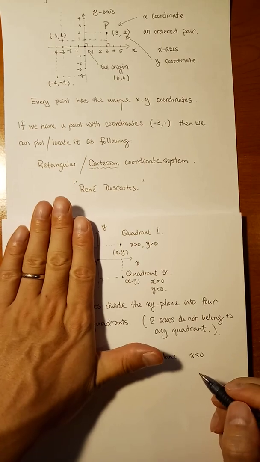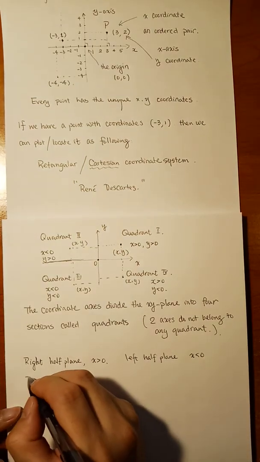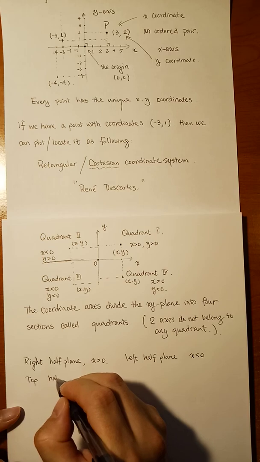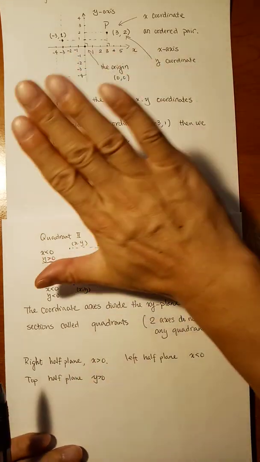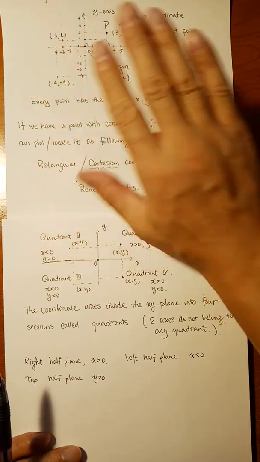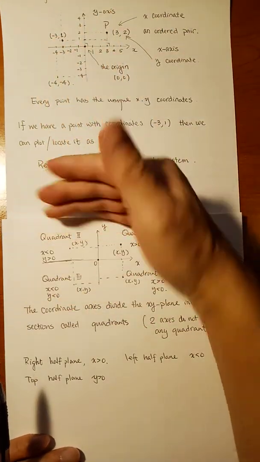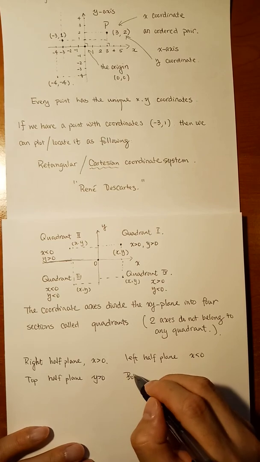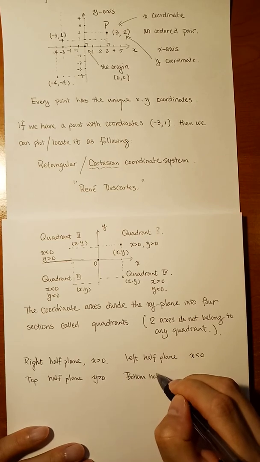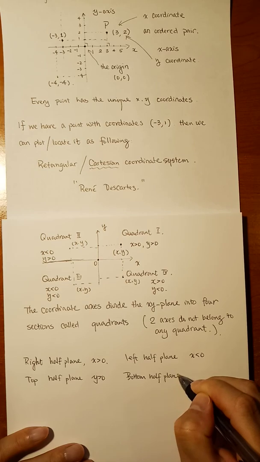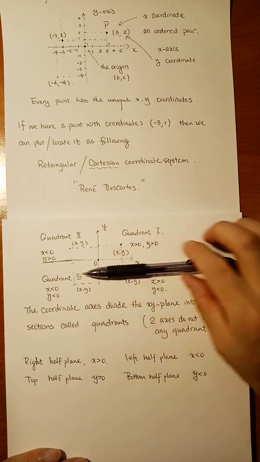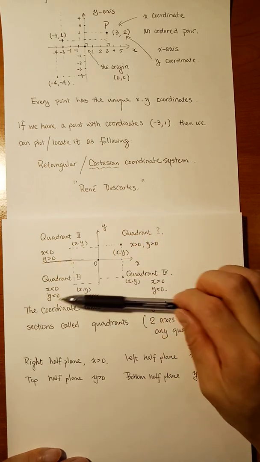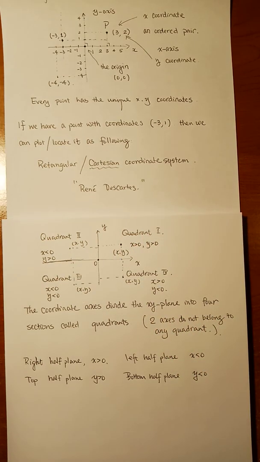Top half plane, above the x-axis, y is positive. Bottom half plane, below the x-axis, y is negative. So that's the quadrant property.